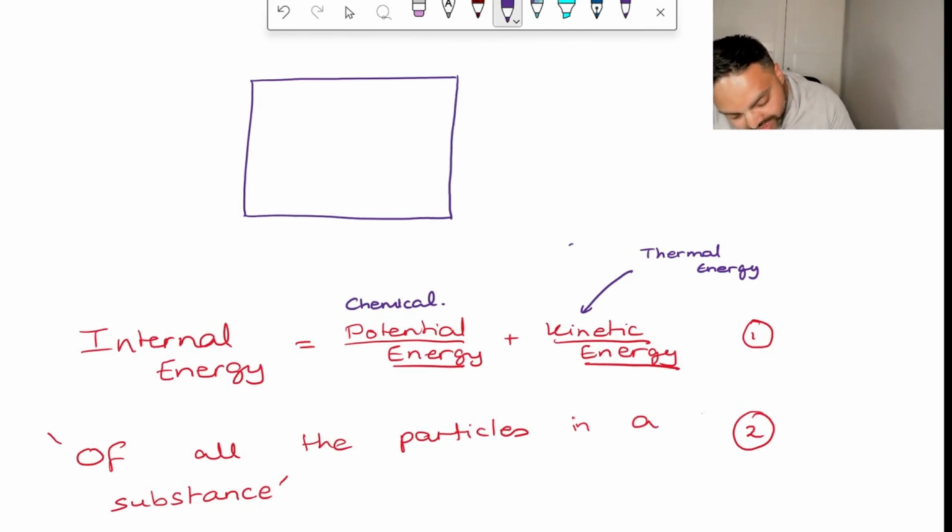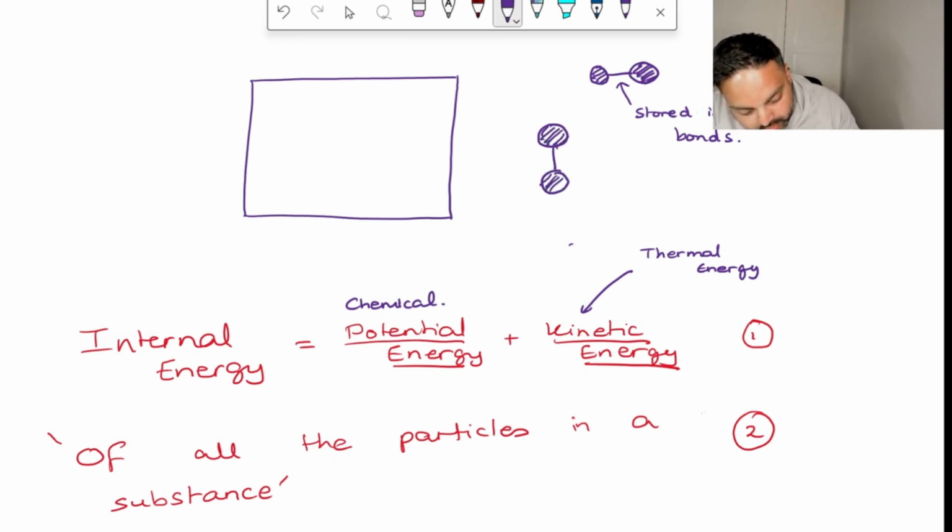When we talk about chemical potential energy, there are two types. There is the chemical potential energy that is stored in bonds. But what you also have to consider is the chemical potential energy that is not just stored in the covalent bonds within molecules, but also in the intermolecular bonds that form between molecules.